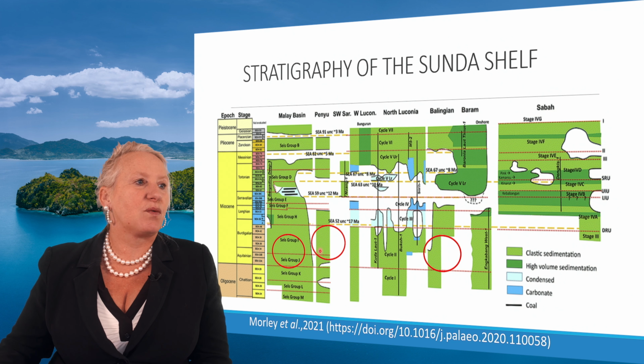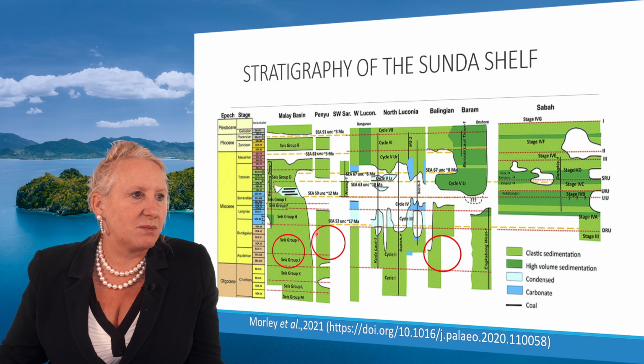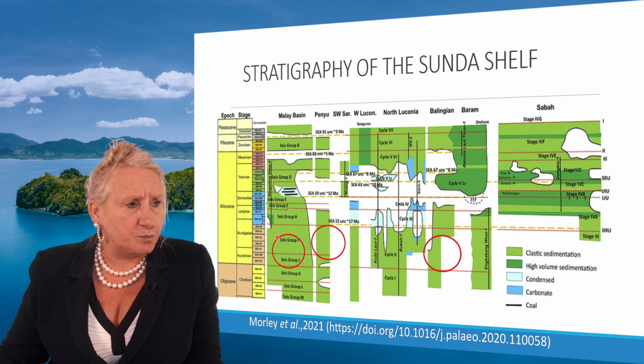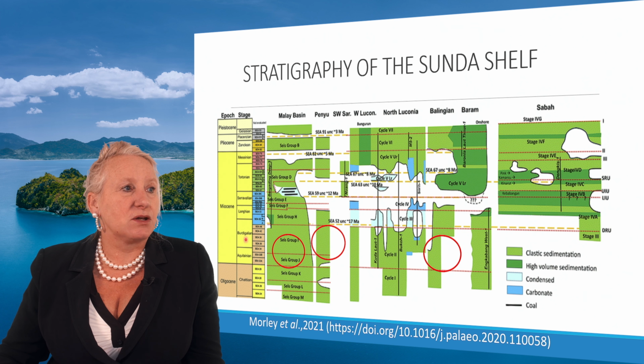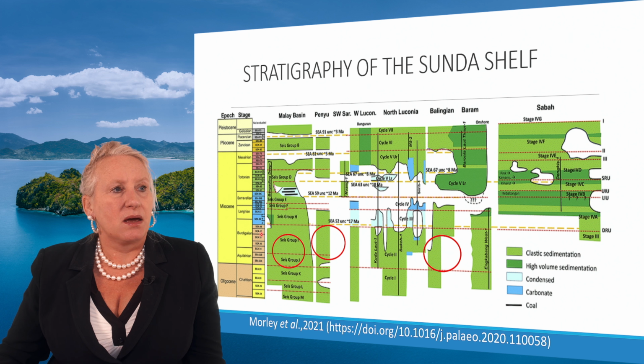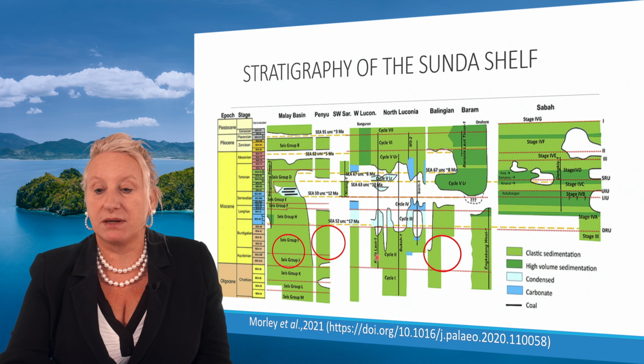They have different names across the basin, such as groups I and J in the Malay Basin, which is the Burdigalian and Aquitanian of the Miocene generally. We'll compare the different types of sedimentation across the basin during the same time period.